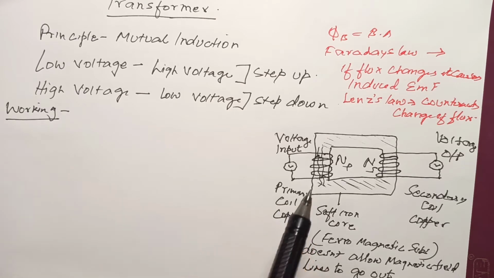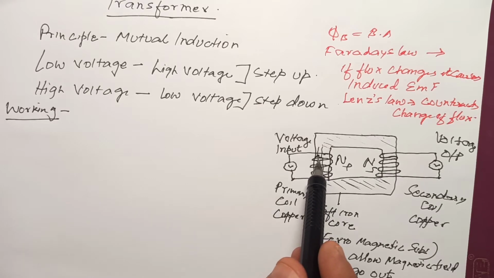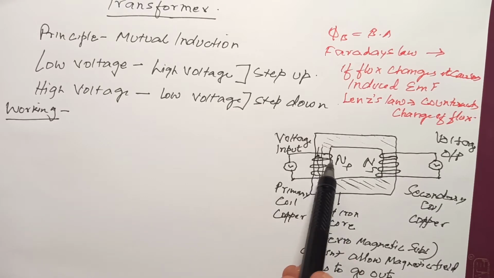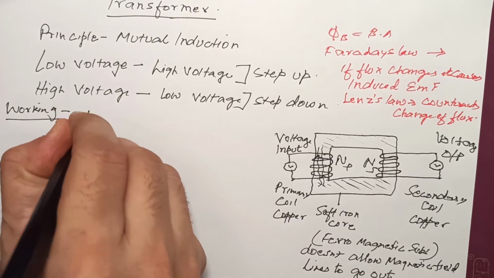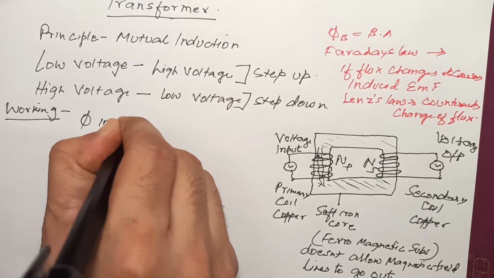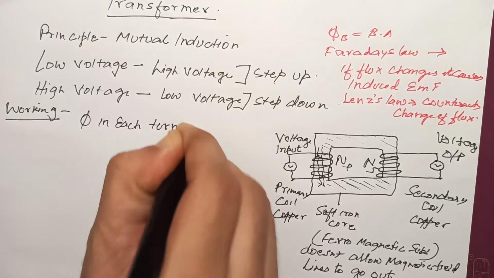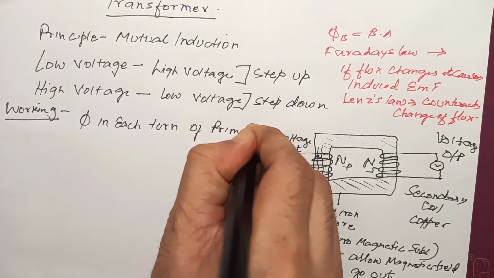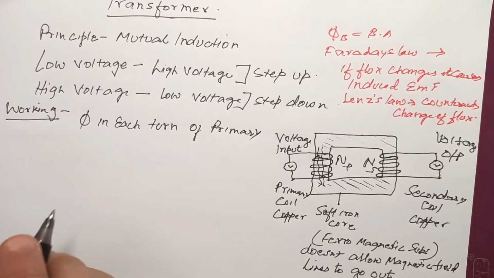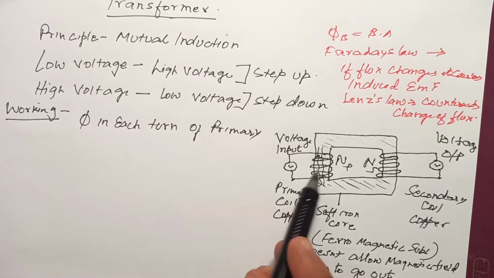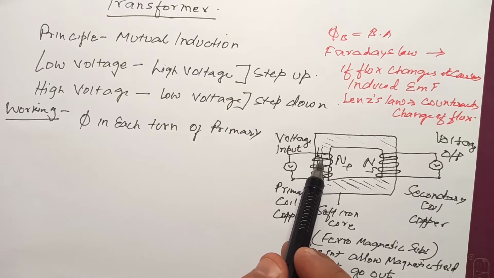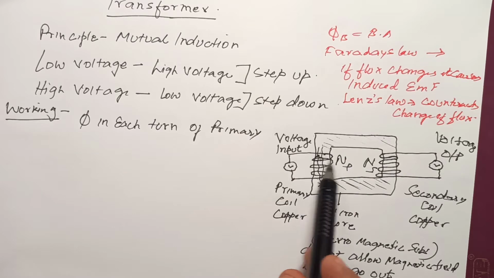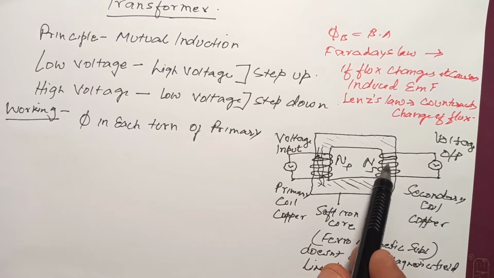Now let's say in each turn of the primary there is a flux of phi. Because this gets trapped throughout, in the secondary also it would be phi in one turn.